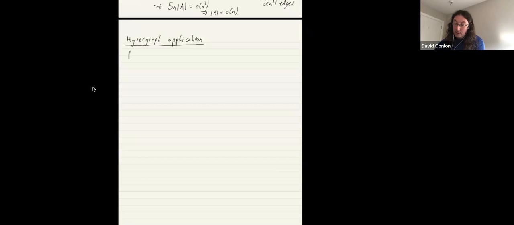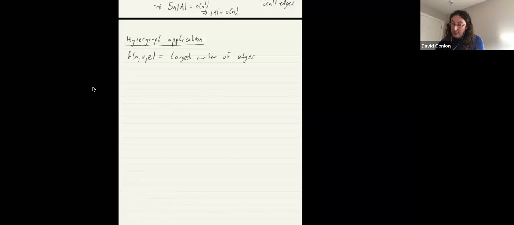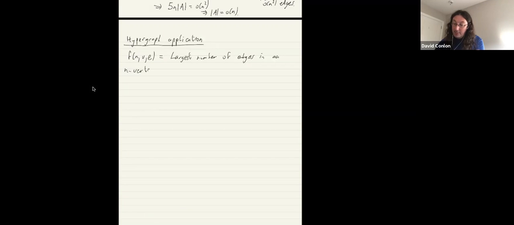So we have a function that was defined by Brown, Erdős, and Sós in the early 70s. And this F(n; v, e) is the largest number of edges in an n-vertex, sorry, an n-vertex 3-uniform hypergraph.